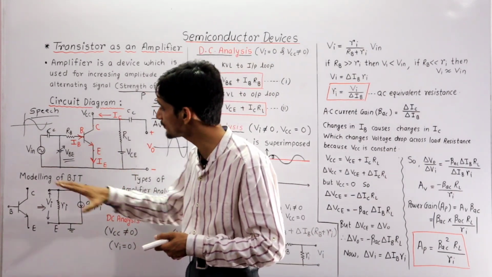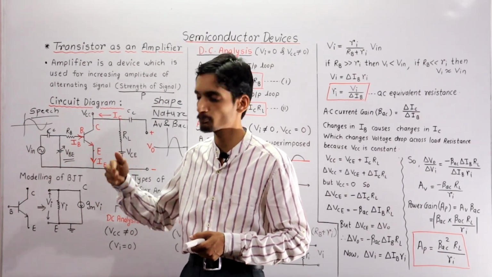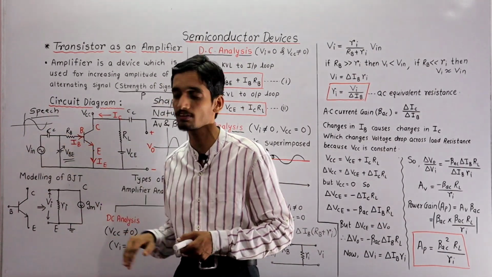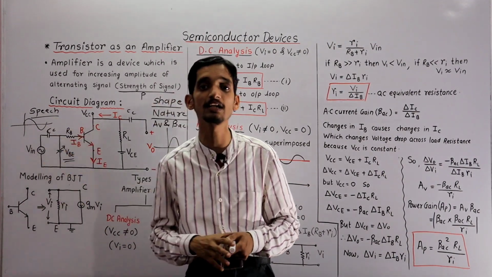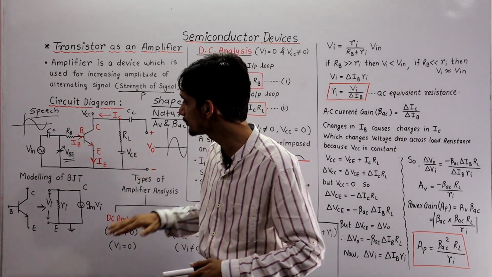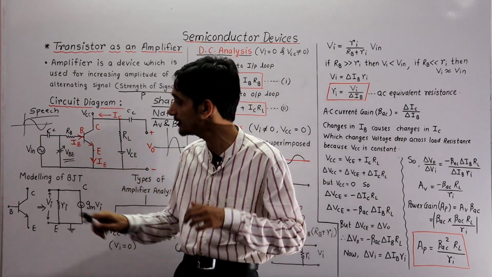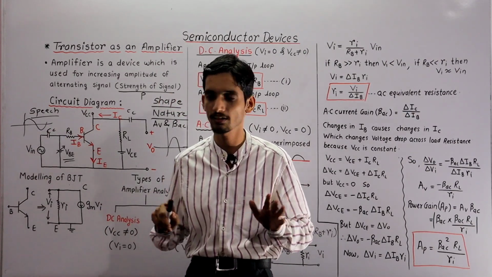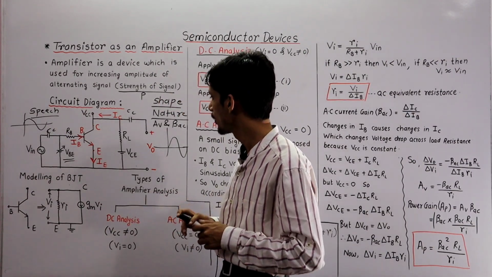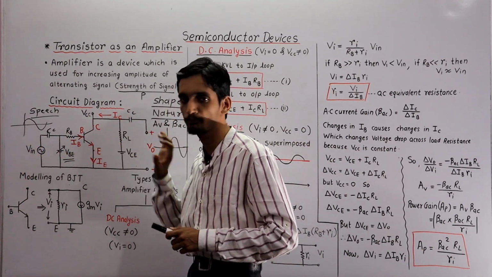For practical purposes, we are denoting the input signal like this, as per the convention, but practically we have to use an actual speech signal. We are not using this for our convenience, only for modeling purposes. Practically this is a speech signal. Clear?